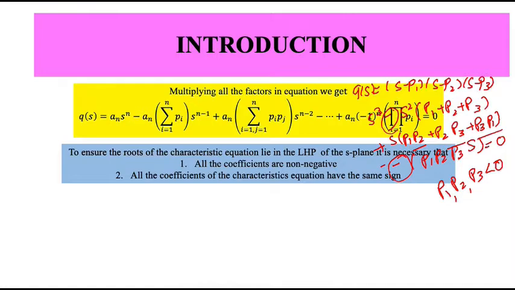And the coefficients should have the same sign, possibly all minus, and that is also allowed, because you just equate to 0 and then all minus will become plus. Okay, so the first observation, just by an expansion like this, keep in mind that stability means that the poles are on the left hand plane.